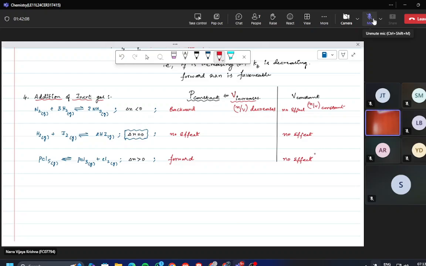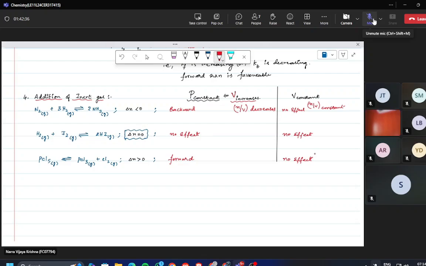If pressure of components is not influenced, the partial pressure of reactants and products is not influenced, Kp is not influenced, and nothing happened to equilibrium. That's why I wrote no effect, no effect, no effect. For N by V to change, we should affect either N or V. Then P changes. If P changes, then Kp changes. Then equilibrium gets disturbed.